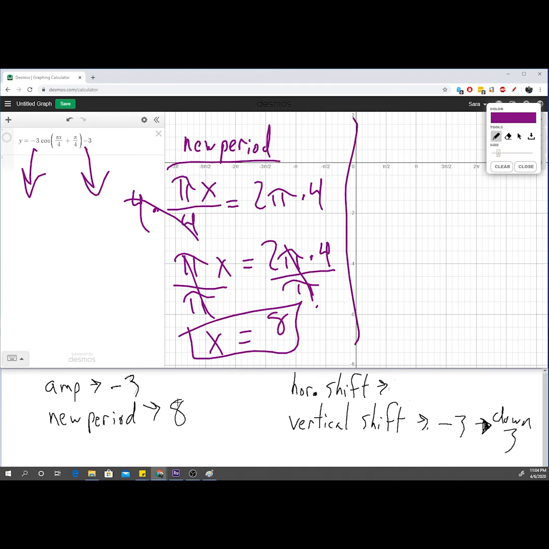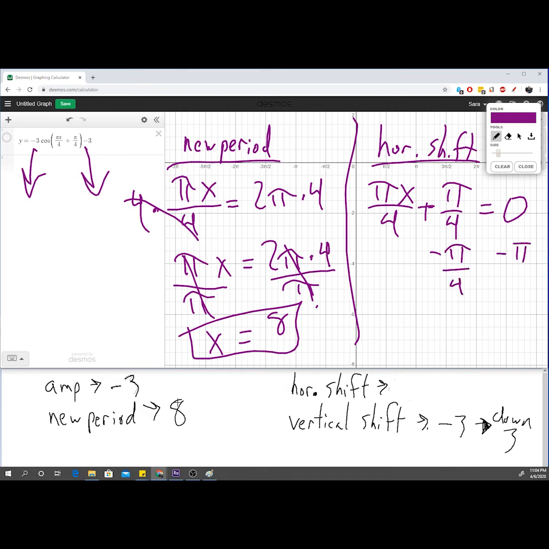For my horizontal shift, I'm going to take everything that's inside those parentheses and set it equal to 0, and then use that to solve for x. Just move one piece at a time. I personally like to multiply by reciprocals.